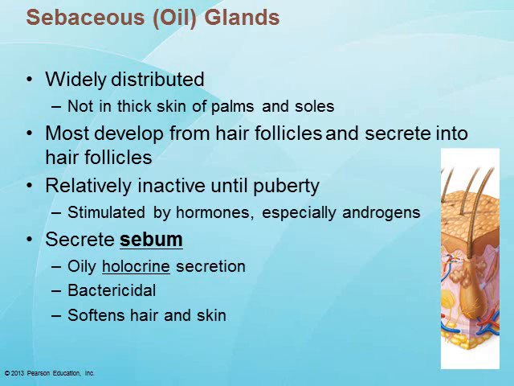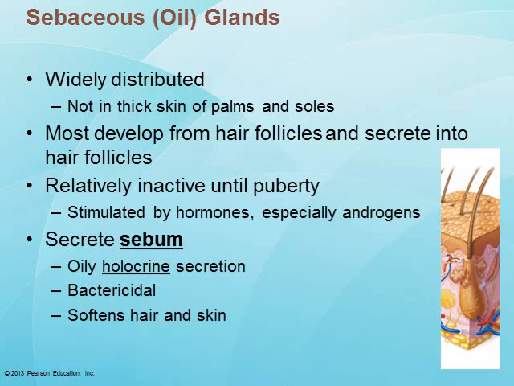The sebum is an oil-like suspension, and it's very important to lubricate your skin. It will lubricate your hair, and at the same time, it's also used to kill bacteria on top of the skin. It's called bactericidal, and it protects your body. It also softens your hair and skin, so that will protect your skin in another way as well.